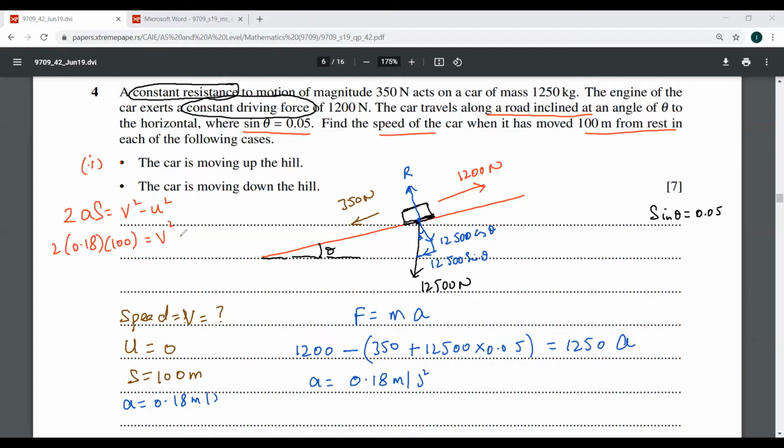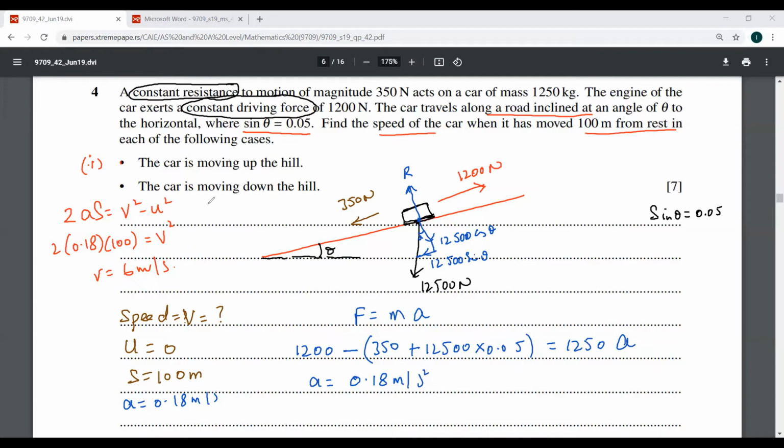V has to be calculated and u is already 0. So v is 6 meters per second. That is the first case, when it was moving up the hill.